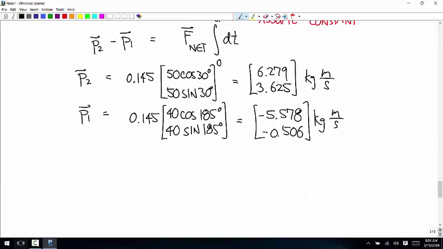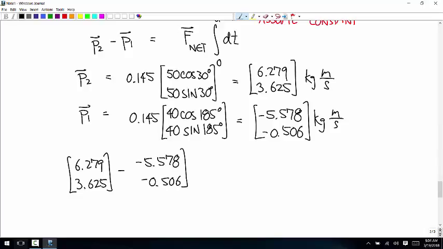And so now put this together and you get 6.279, 3.625 minus negative 5.578, negative 0.506, is equal to F net times 0.008 minus 0.